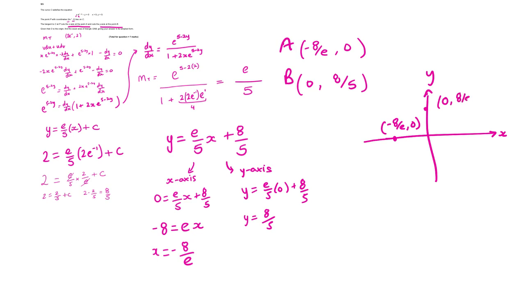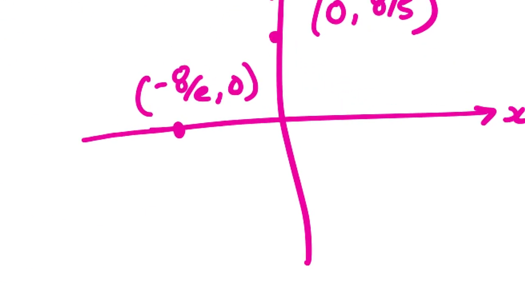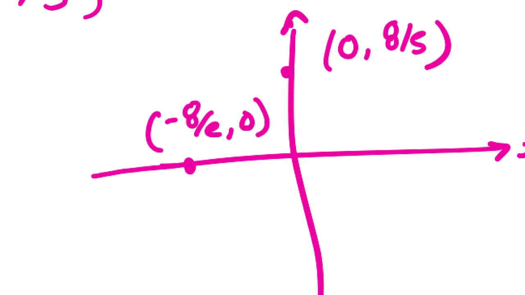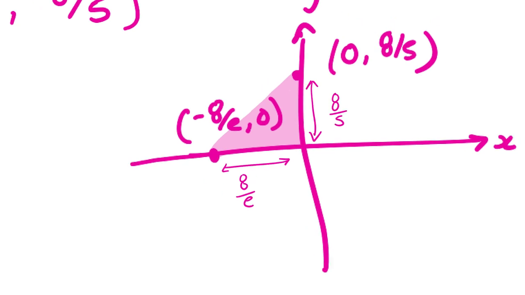This is the point 0, 8 over 5. If I'm now going to find the area of this, AOB, it's really simple, isn't it? What am I going to do? Base times height divided by 2. Our height is 8 over 5. Our base is 8 over e. Please do not leave this as a negative. We're thinking about the length here.